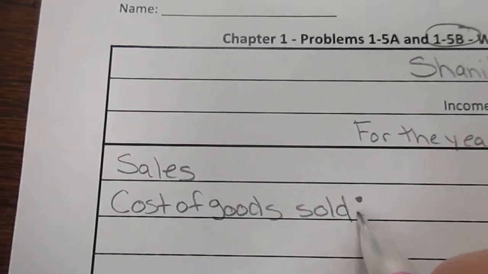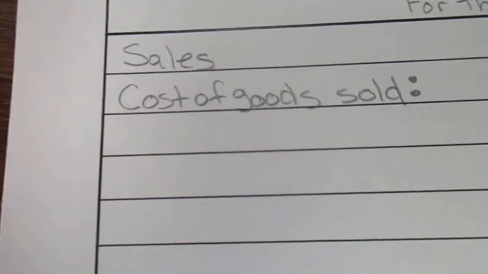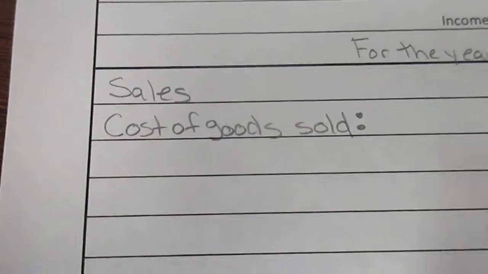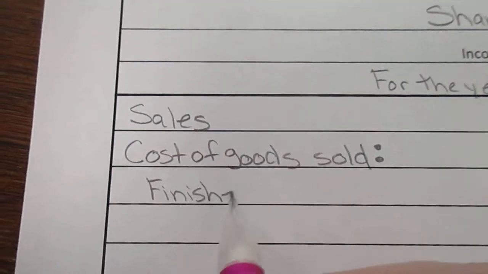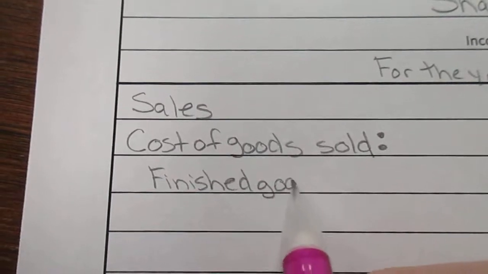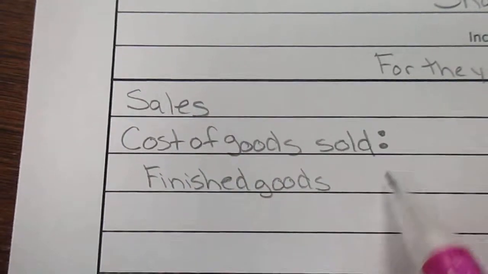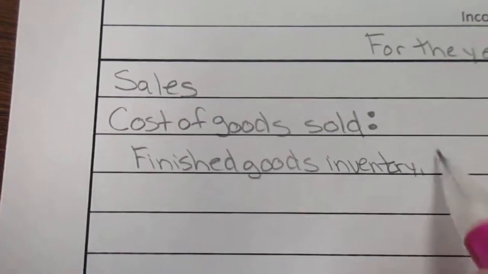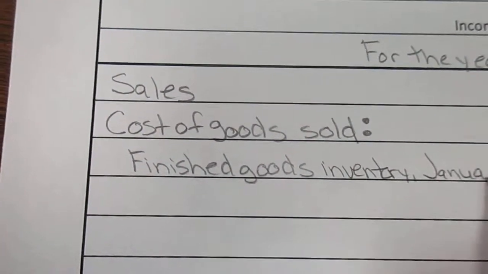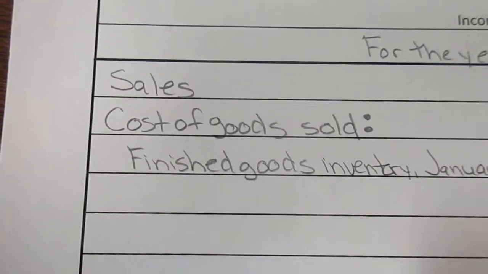We're going to put a colon after this one because we have to list some things underneath it. First is our finished goods inventory as of January 1st, 2016.